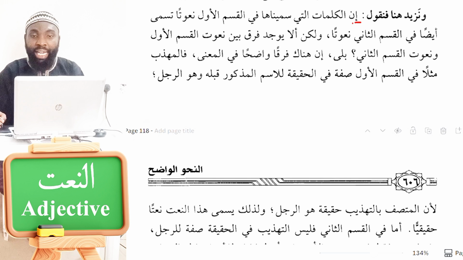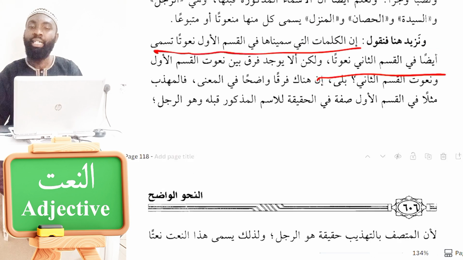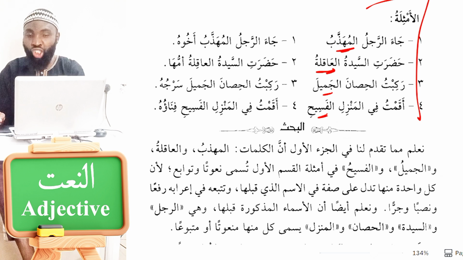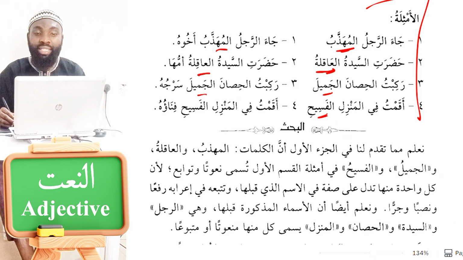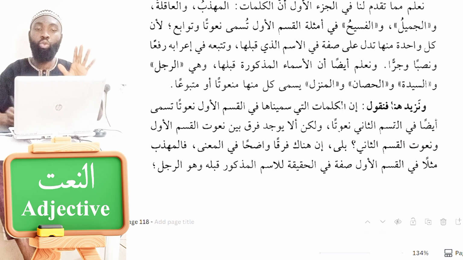Here we will be saying that the words which we called adjectives in the first section are also called adjectives in the second section. That all of the words, al-muhadhabu, al-aqilatu, al-jamila, al-fasih, that in this first section we call them adjectives, they are also called adjectives in the second section. Is that taken? They are also adjectives because they are acting as what?